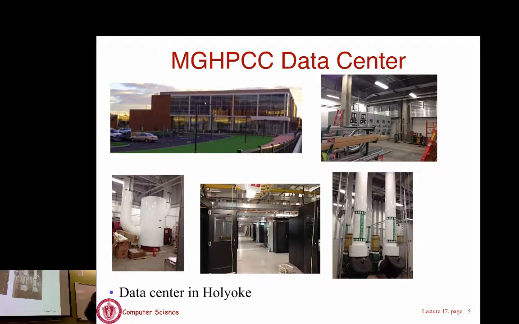So the energy one is actually, I think, one of the reasons Holyoke data center is chosen. It's one of the most important ones. Because Holyoke is cheap, they have this facility there.